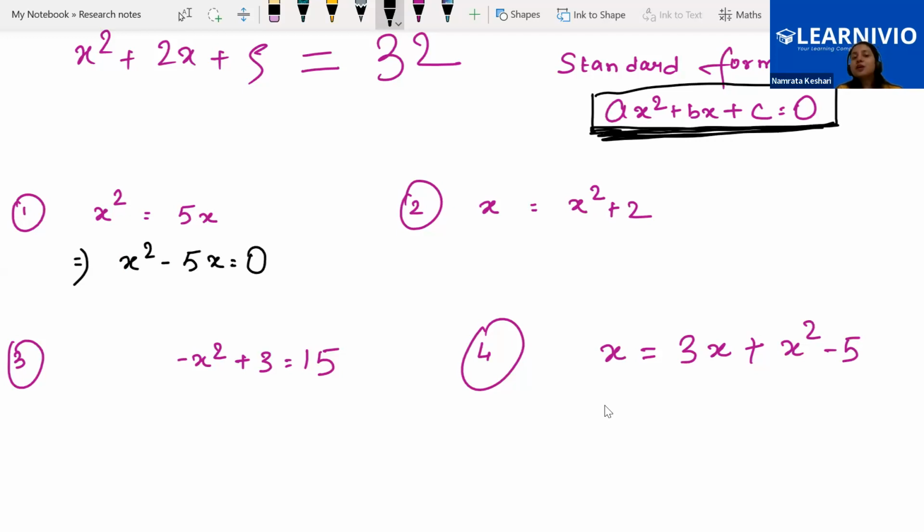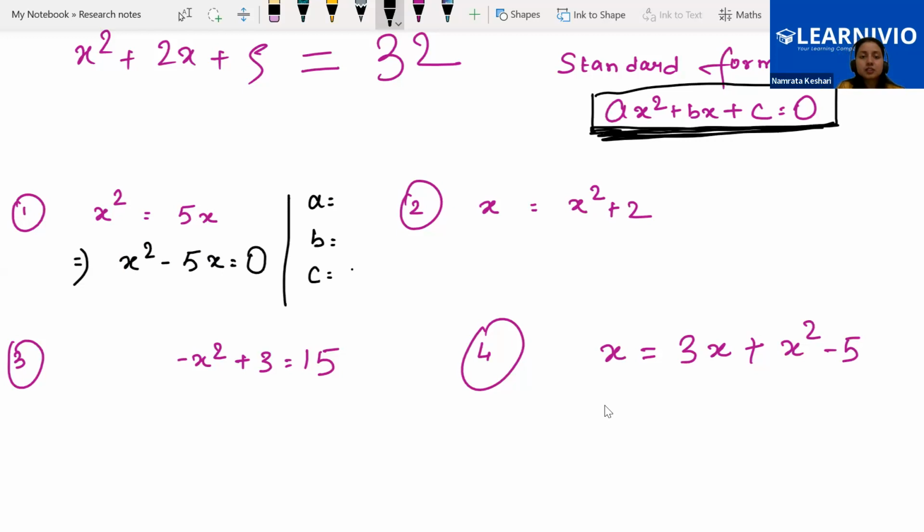Once you have said it, it's perfectly fine. Can you please tell me also what is a, what is b and what is c here? A is x square, b is minus 5x, and c is 0.